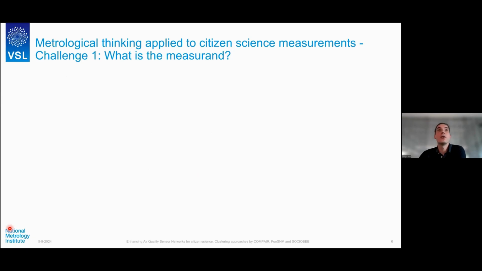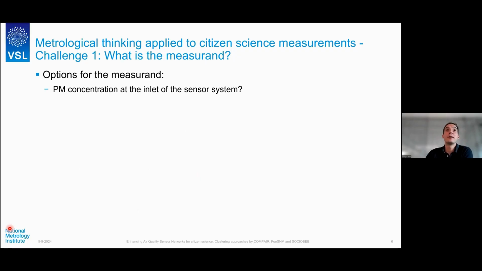Now we want to apply this methodological thinking to citizen measurements, and we define two challenges related to what you just saw. The first challenge is, what is the measurement? We want to measure, for example, particulate matter, but what does it mean? Is it the PM concentration at the inlet of the sensor system, which is the most direct thing you could think of?